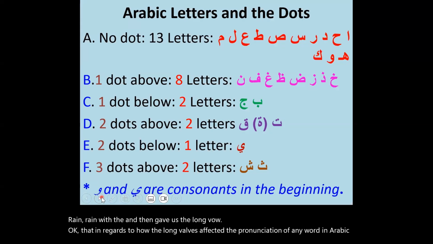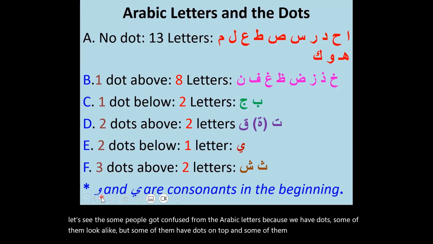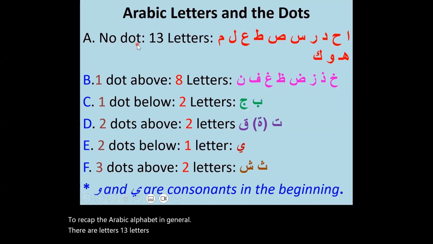So let's see, some people got confused from the Arabic letters because we have dots. Some of them look alike, but some of them have dots on top and some of them underneath. So let's recap the Arabic alphabet in general. There are 13 letters that do not have any dot.